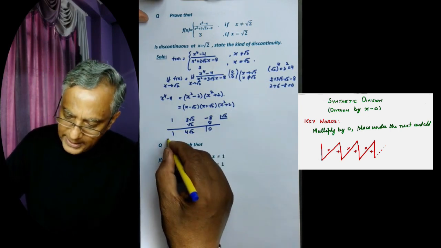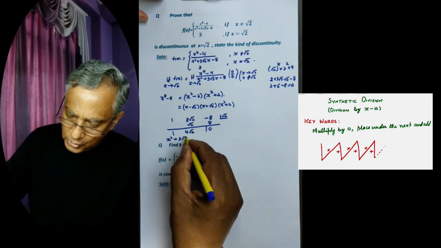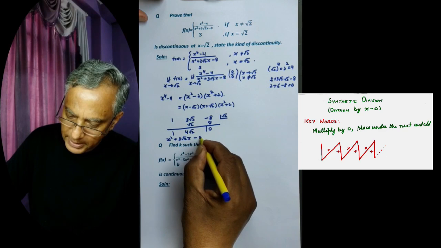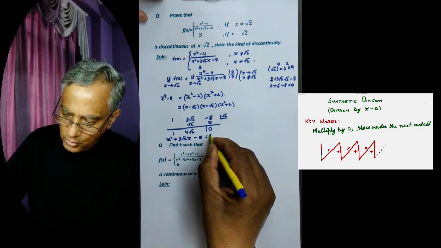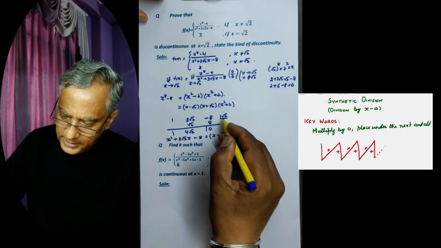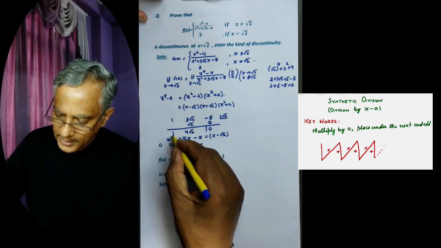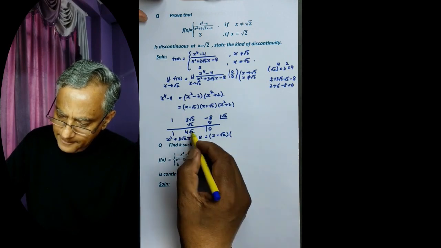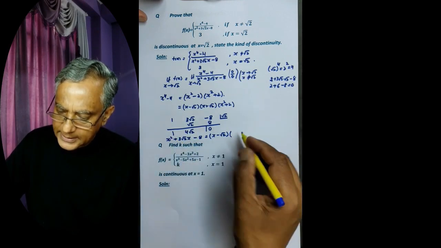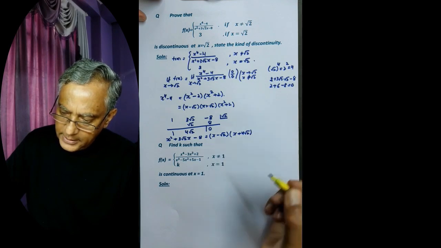So what we can write is x² + 3√2x − 8 is equal to, one of the factors is x − √2, √2 here. And the other factor is, this is constant, this is x, so x + 4√2.